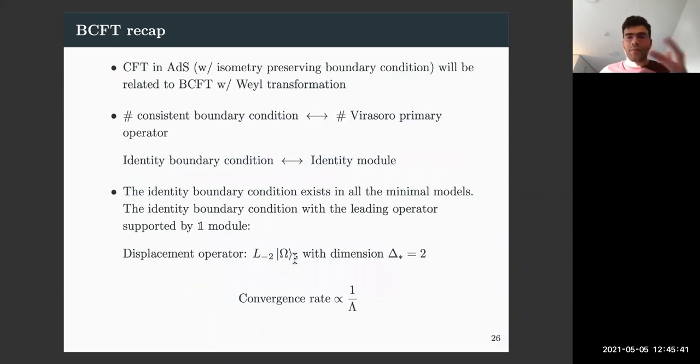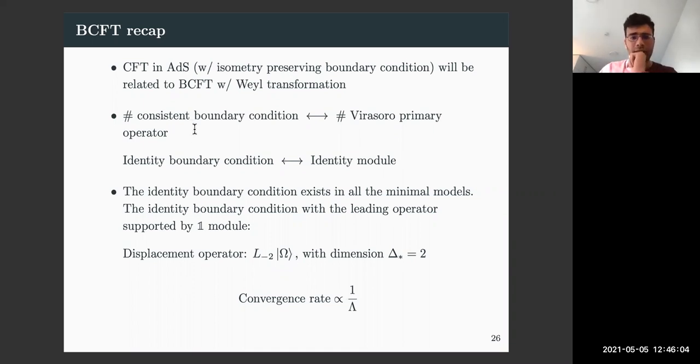So if you have a CFT in AdS with some isometry-preserving boundary condition, it will be related to a boundary CFT with some Weyl transformation. And in particular, all the commutation relations will be similar to those of flat space up to some Weyl factors.